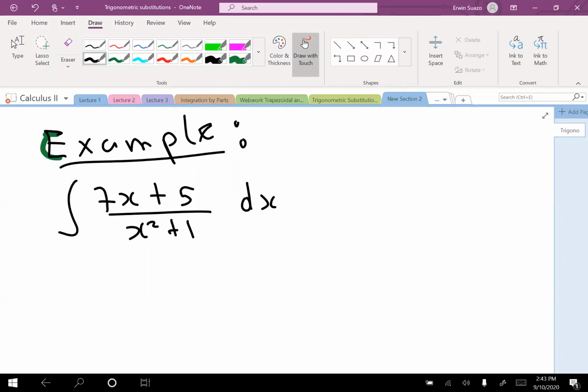So you see this one over here, that looks familiar, right? It looks like we can do the antiderivative of 1 over x squared plus 1. What is the antiderivative of 1 over x squared plus 1?